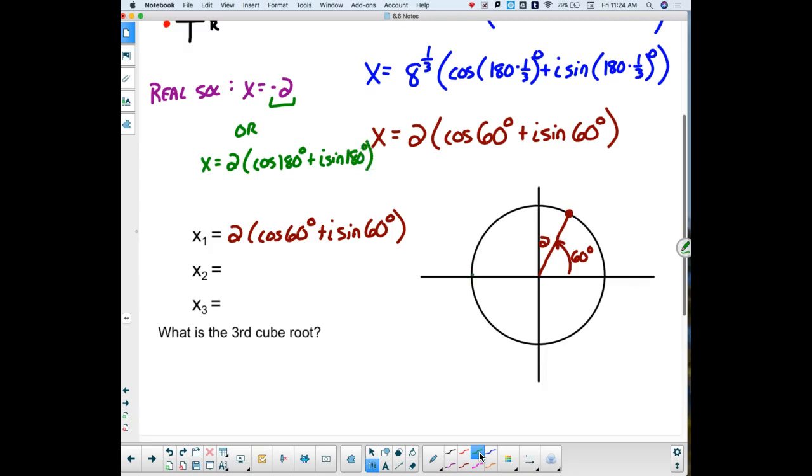Which would be right there. Or this one is also straight up just -2.